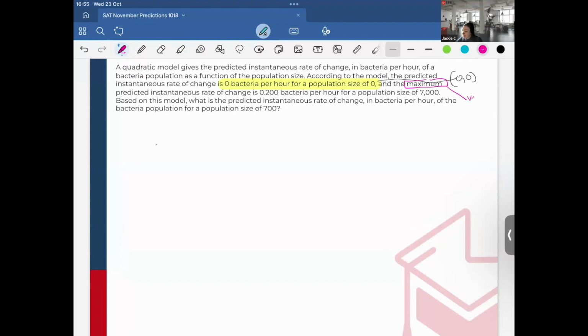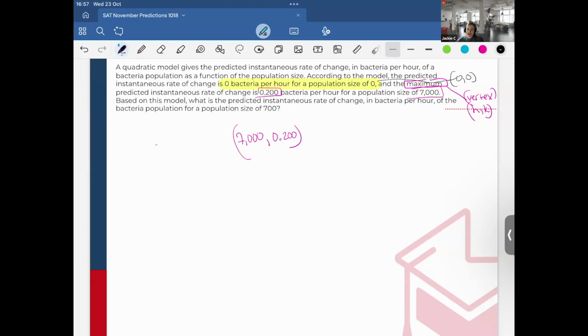So remember, whenever you see maximum or minimum, that means the vertex (h, k) of the parabola. So in this case, it says rate of change is 0.200, population size 7,000. So my x is 7,000 and my y value, rate of change, is this.